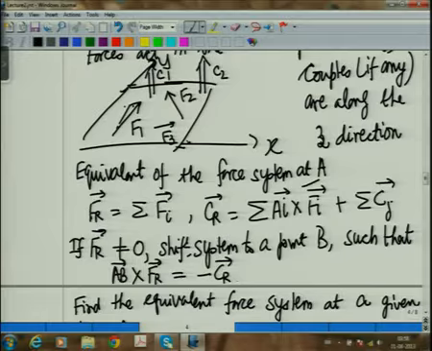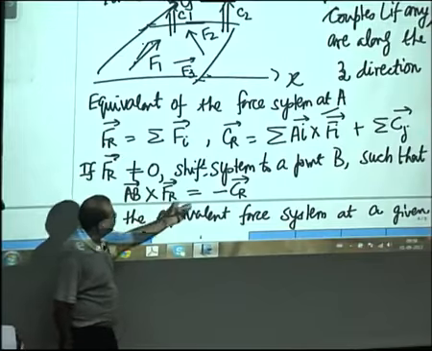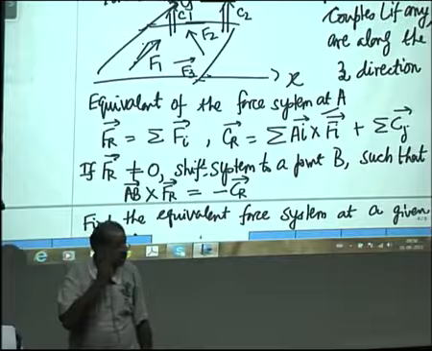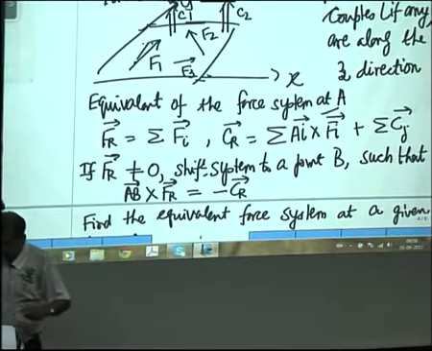At point A, the resultant was CR. Now what I do is, I find the equivalent at a new point B, such that at the new point B, AB cross FR is equal to minus CR. It will be BA, sorry, that's right.